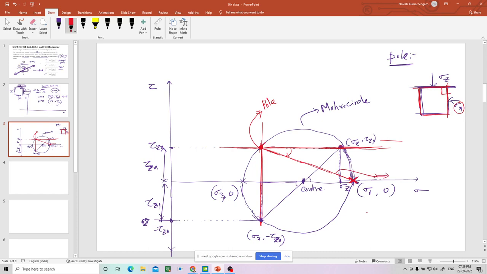From the pole you can draw many lines like this. Suppose this is a line, and wherever it cuts the circle there are some stresses, let us say sigma I comma tau I. This point represents a plane in this element. Let us say after finding, you found this is 26 degrees.